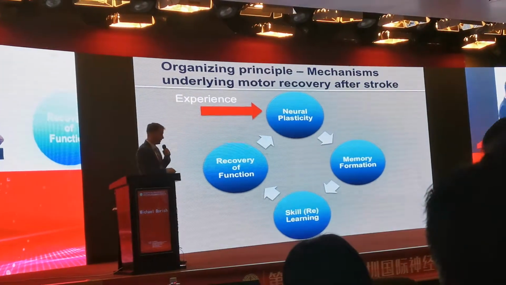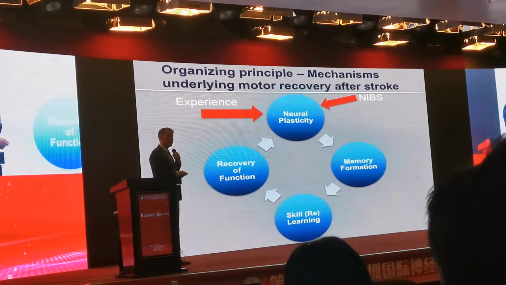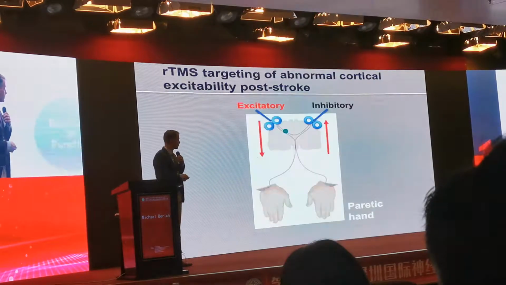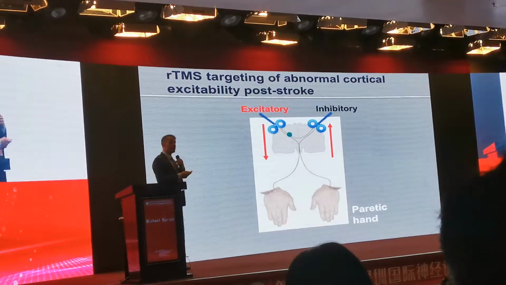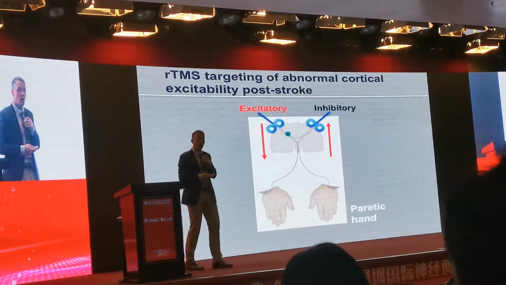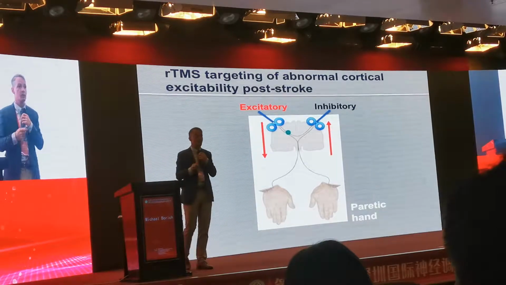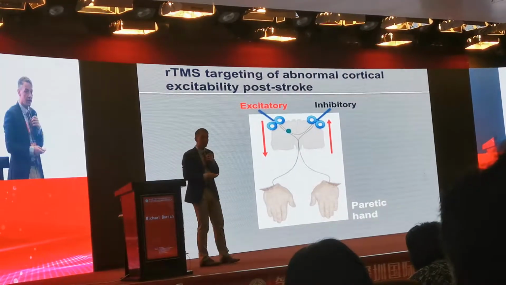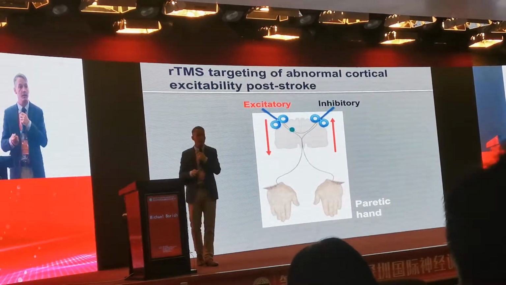So to complete the model, we now add, in this case, non-invasive brain stimulation as a way to augment endogenous plasticity. Many of you, I'm sure, are familiar with the conventional or classical approach in stroke, where one can either try to upregulate suppressed excitability in the stroke-affected hemisphere, or downregulate what's thought to be excessive activity in the non-stroke affected hemisphere.